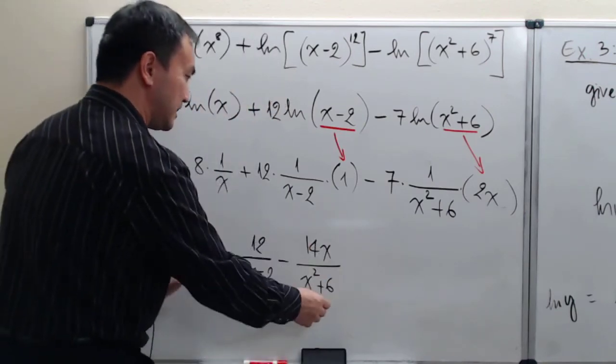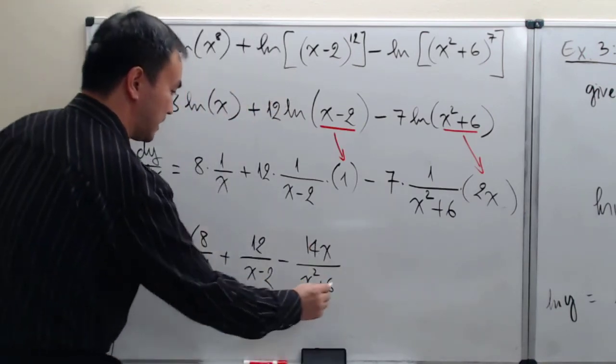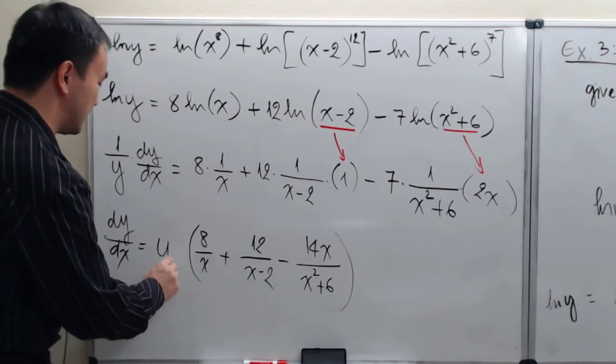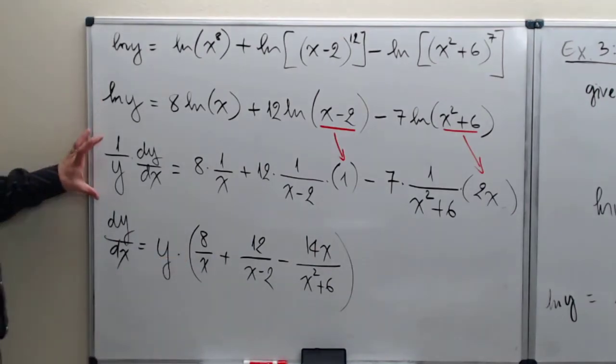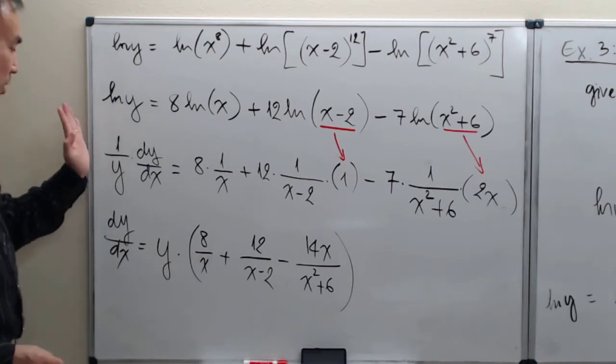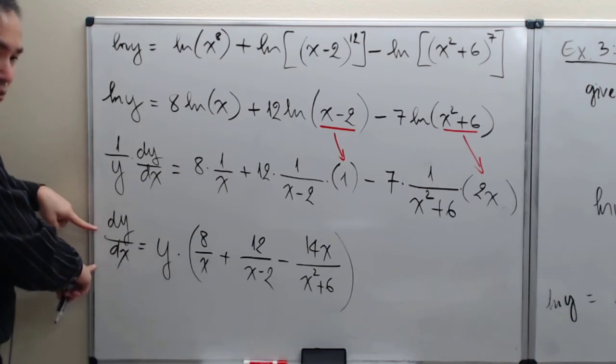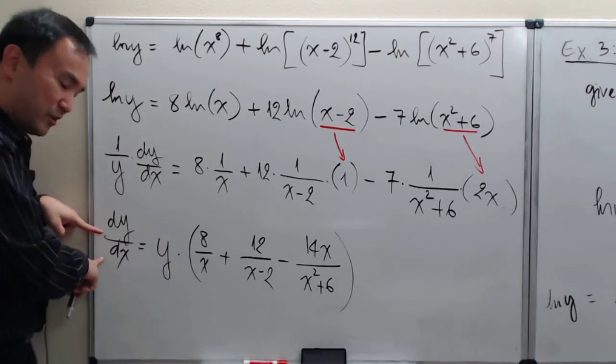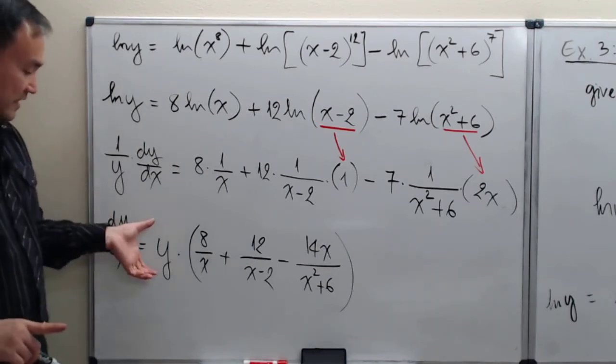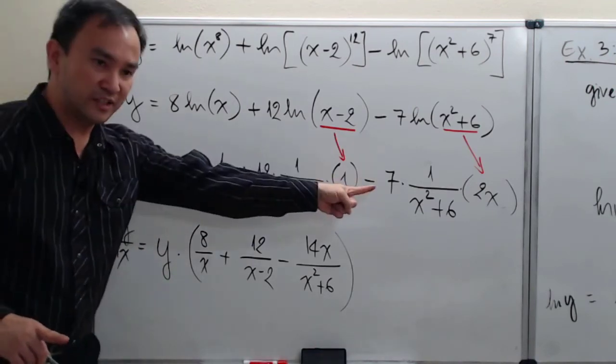14x all over x squared plus 6. And now that entire expression on the right hand side is going to be multiplied with our y variable, because from the earlier step, as I said earlier, we were going to multiply y to both sides, and doing that cancels out the y, and that's why in this current step we no longer see the y variable, and then that y variable is being multiplied to the other side.